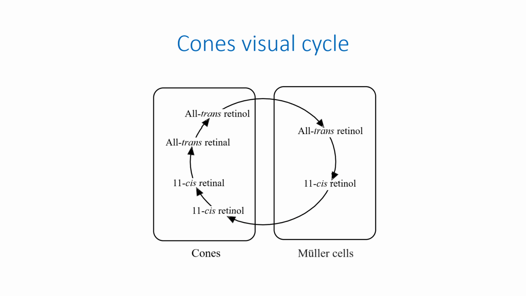There, 11-cis retinol dehydrogenase converts it into 11-cis retinal. This pathway satisfies the greater chromophore demand of cones and provides their rapid and complete dark adaptation.